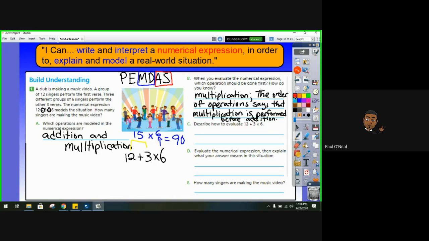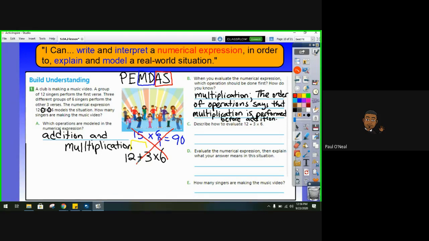Okay? And that is 100% incorrect based on the rules for the order of operations. Now, I guarantee if this was a question on a test, 90 would be one of the answers. Why? Because they know students would do that.